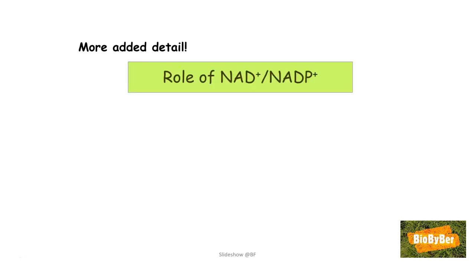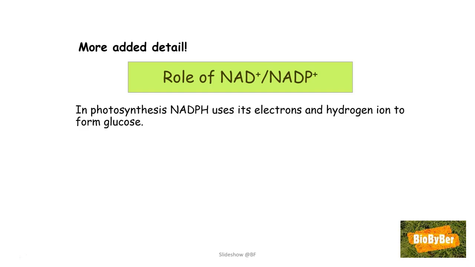So in a nutshell, what is the role of NAD+ and NADP+? Well, in photosynthesis, we have NADPH with the 2 electrons and a proton. It will drop those electrons off and the proton off, and these will be used to form glucose, which we will accept as a fact at the moment.